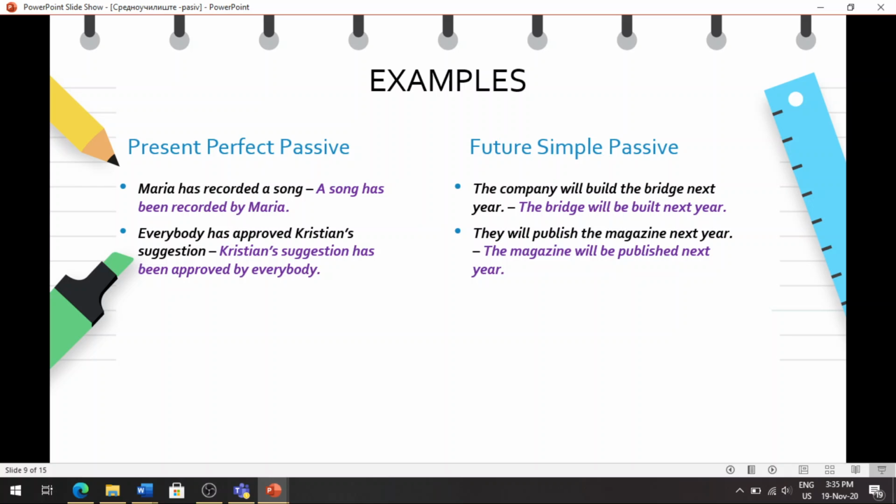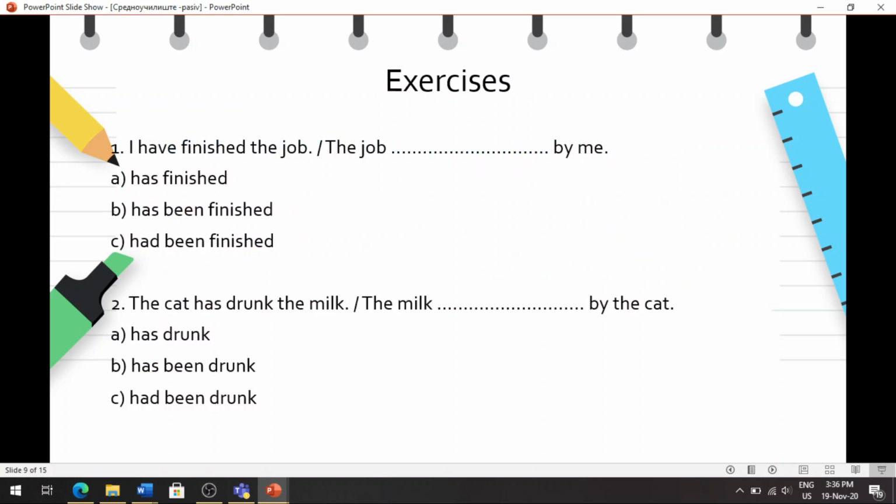So one more time, I would like to repeat that we focus the attention on what or who receives an action. In the next couple of slides, you have two exercises. The first exercise is with sentences in present perfect tense.